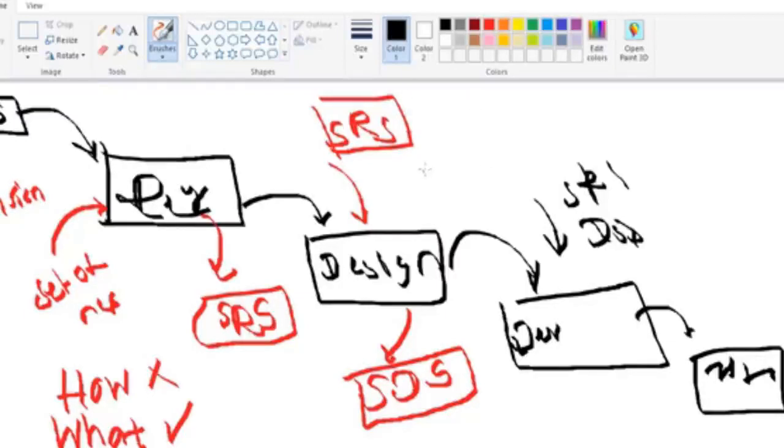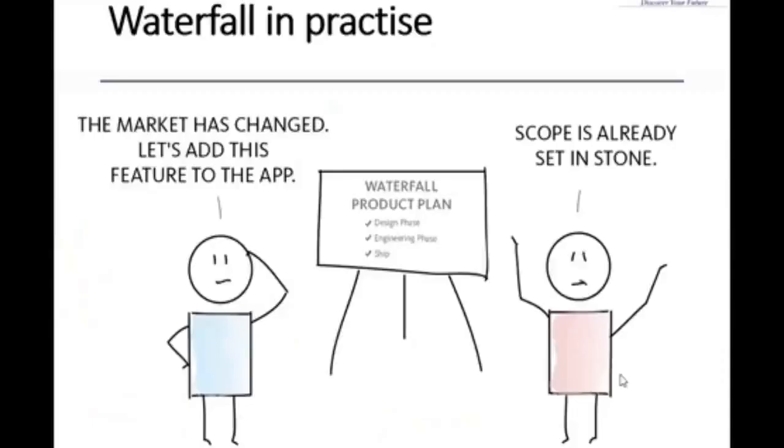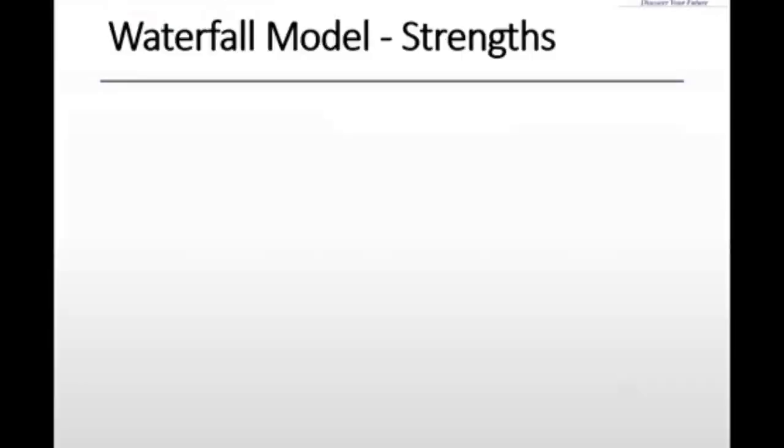So the requirement set is fixed, but the time and the budget may vary. That is a kind of disadvantage. So let's say what the advantages and the disadvantages are.